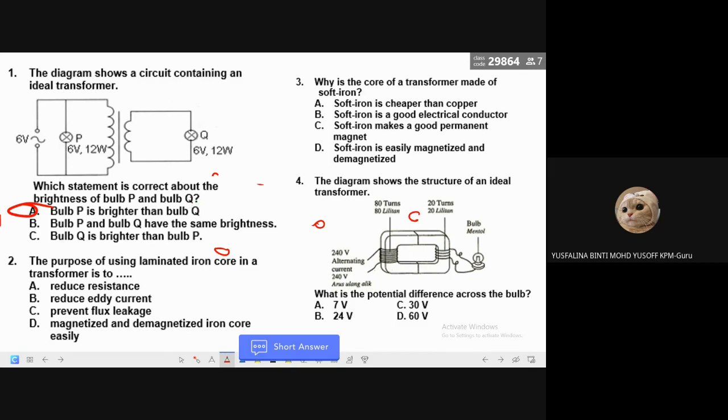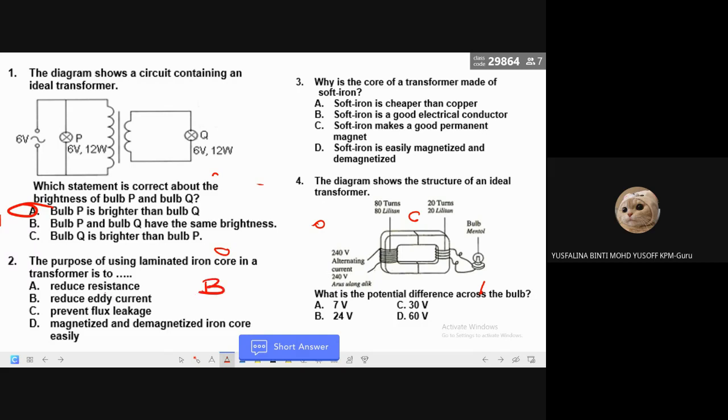If you put it in a whole block, the eddy current will be in the whole block. But if you put it in laminated form, it means layers of the iron core, so the eddy current will be reduced because it becomes smaller, thin. So the answer is B.